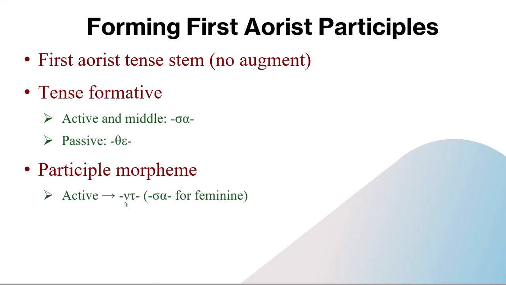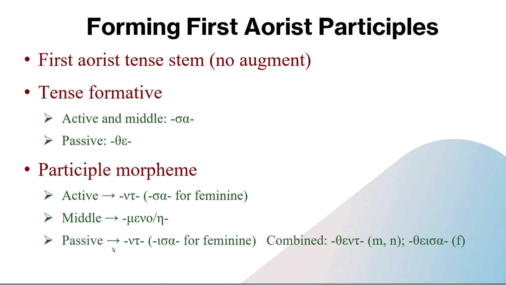For the active, it is nu tau, and it's sa for the feminine. The middle is the same as we saw for the present: mena or mene. And for the passive, we have the nu tau again, and then for the feminine, we have isa, that is, iota sigma alpha.